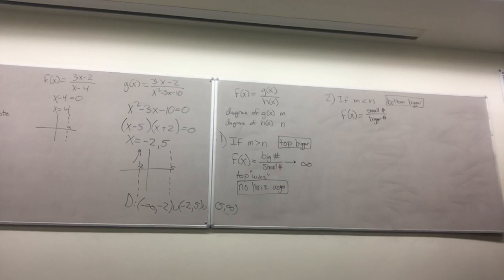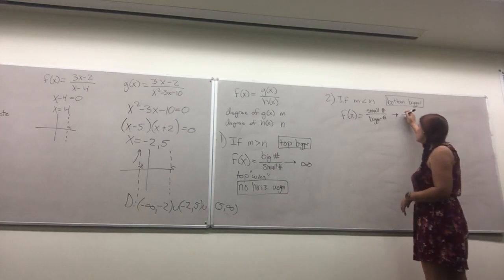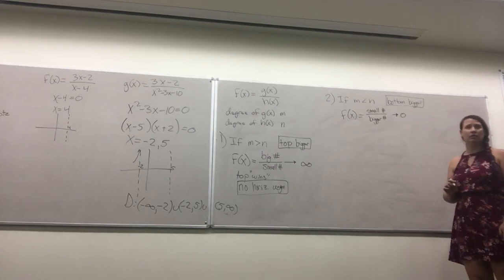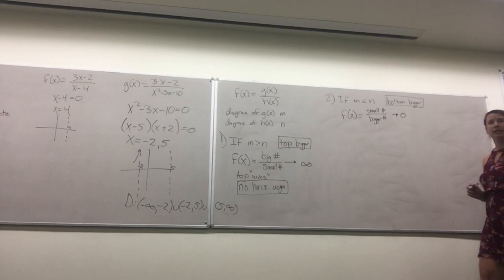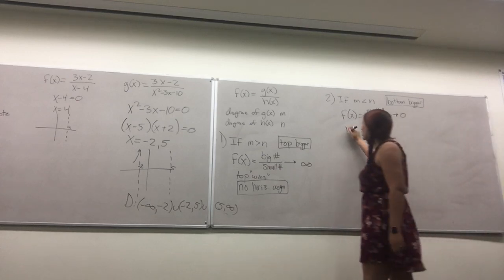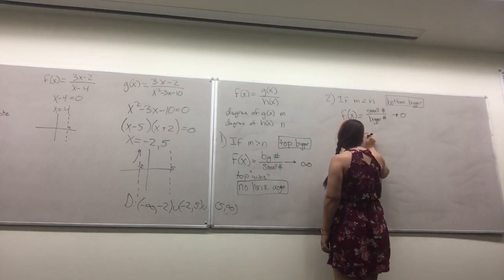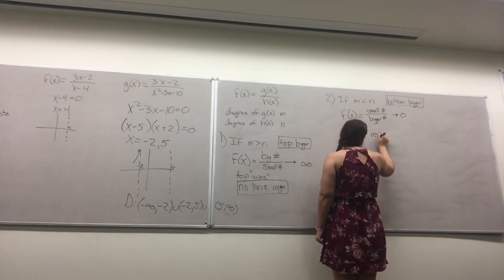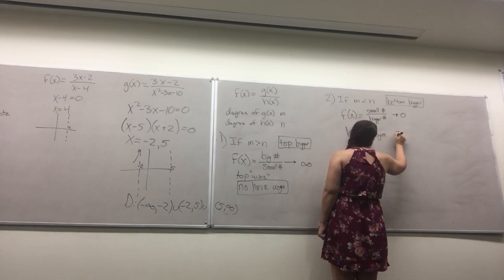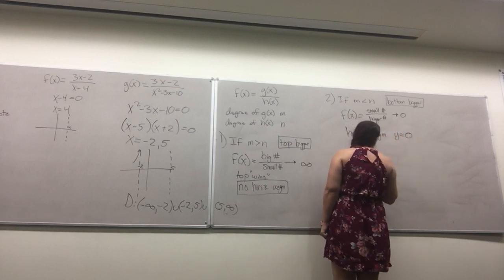The more times we divide something, the smaller it gets, right? So if we could actually get to infinity, we would get to 0, okay? Meaning that our horizontal asymptote is y equals 0.